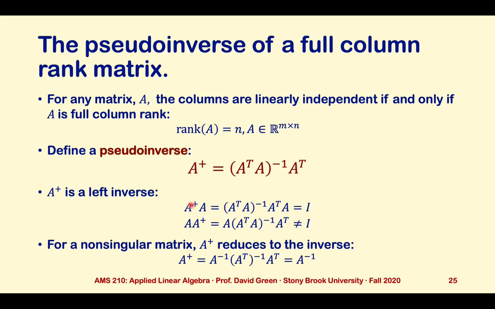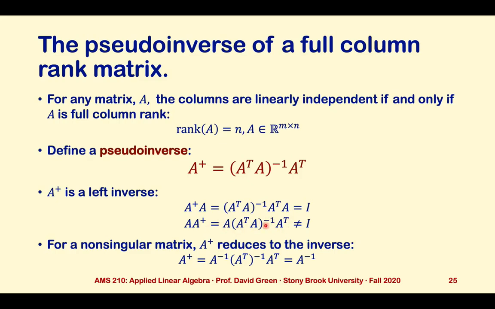It's a left inverse because when we multiply A plus on the left-hand side of A, we get the identity matrix. It is not a true inverse because if we do the other multiplication, A times A plus, this gives us A times A transpose A all inverse times A transpose.